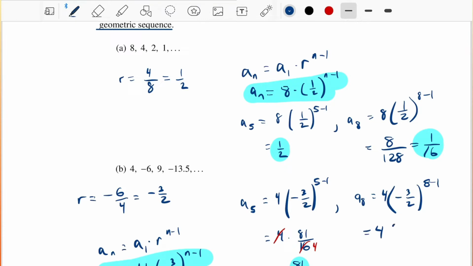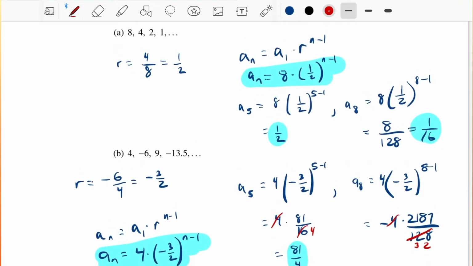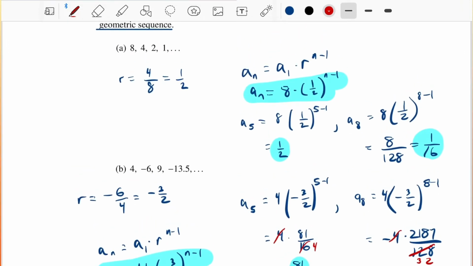Well, actually, it's going to be negative overall, so I'm just going to write -4 times 2187 over 2 to the 7th power, which is 128. And we can simplify the 4 and the 128. 4 goes into 128 32 times. So our final answer will be negative 2187 over 32.